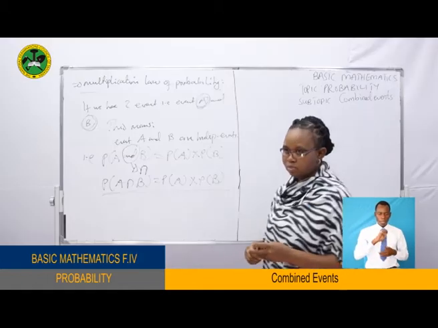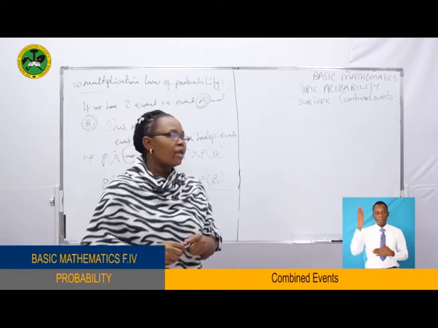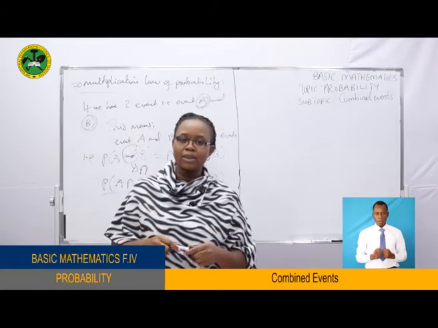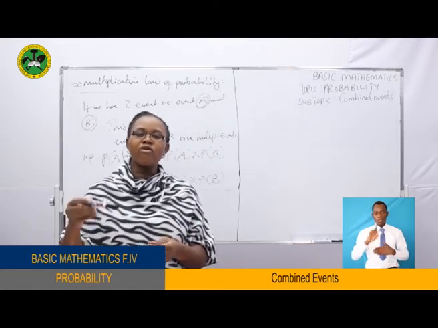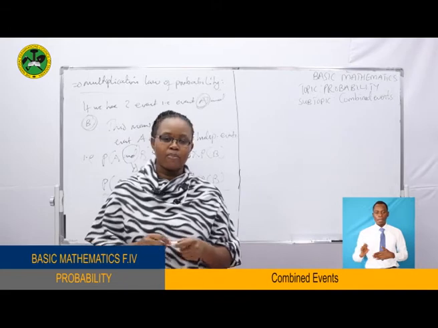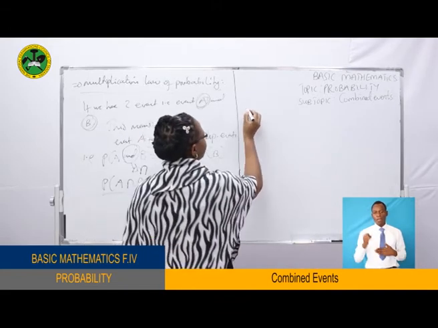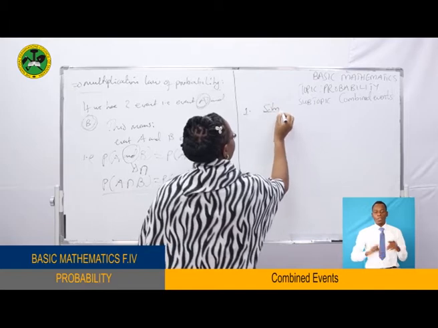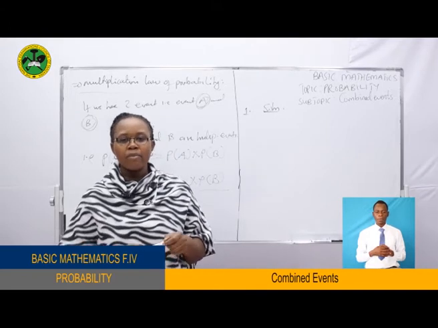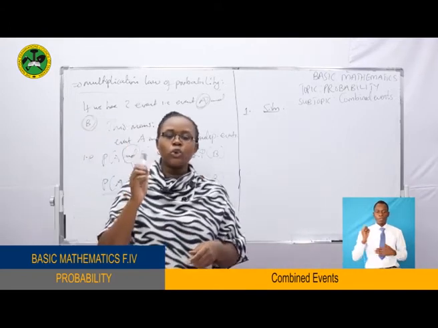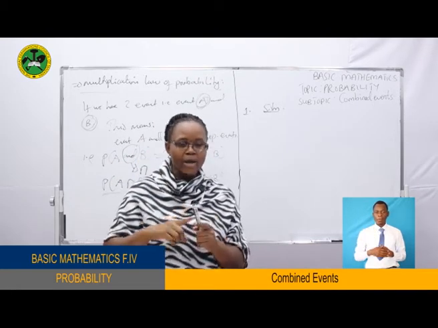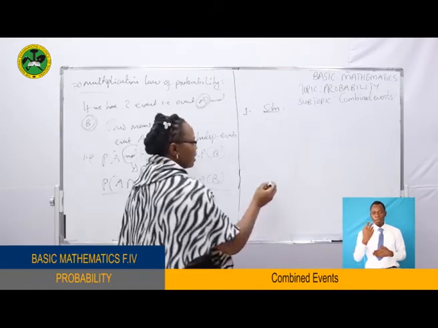My dear students, here we need to find the probability. And our question instructs us to find the probability by using a tree diagram. So we have to draw a tree diagram. Our tree diagram will be on 2 dice, the first one and the second one. So we have to have the starting point.